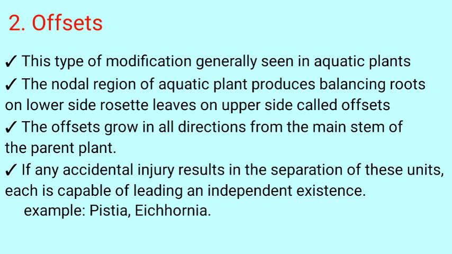The offsets grow in all directions from the main stem of the parental plant. If any accidental injury results in the separation of these offsets, each one is capable of leading an independent existence. Examples for offsets are Pistia and Eichhornia.